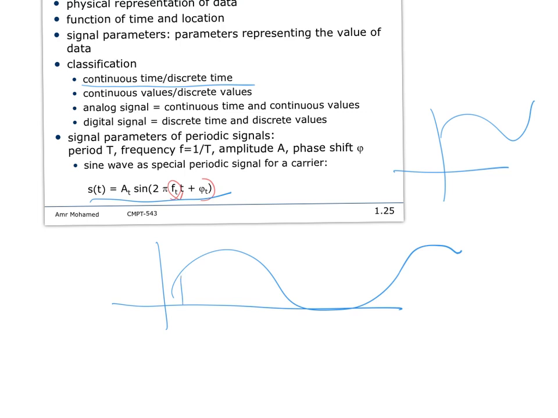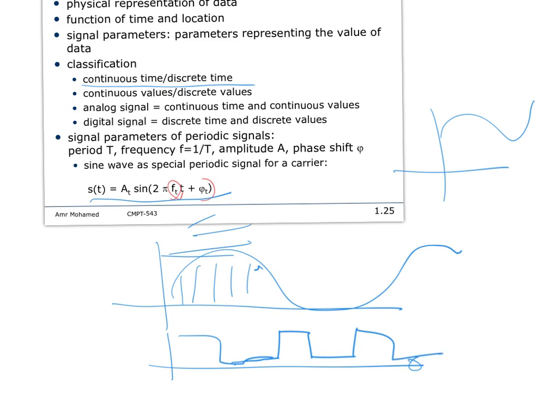So it has infinite values in time and infinite values on the y-axis. This signal has infinite values in time, but it has discrete values in amplitude.